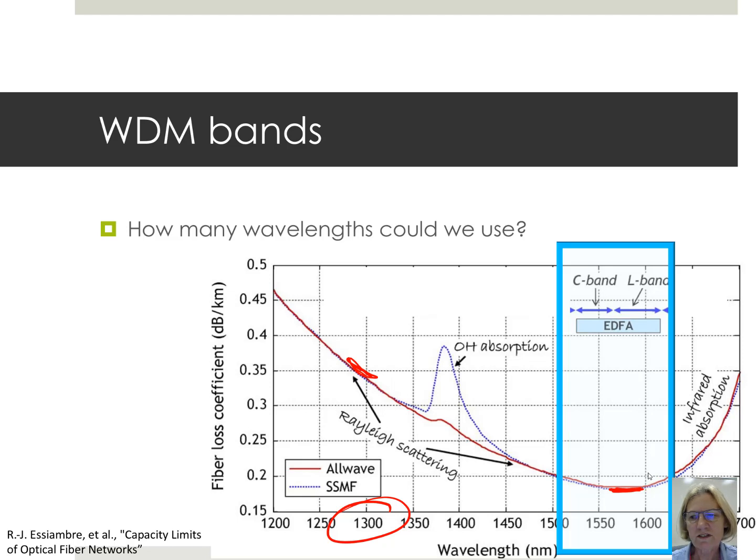So most communication systems are in the C and L band, although there are some on other bands which tend to be shorter distance, lower cost. However, we see that there's been a lot of economies of scale from all of the development efforts being made in the 1500s bands. So it's also quite popular even for shorter length, shorter distance links.